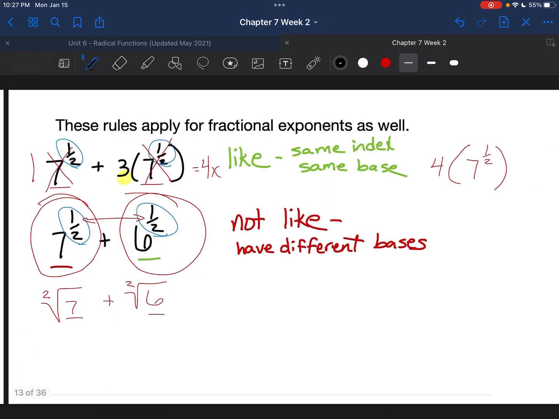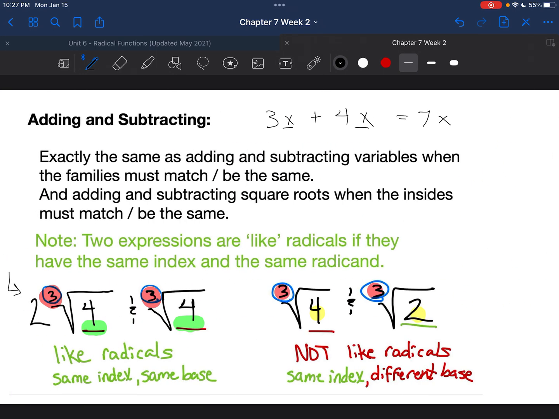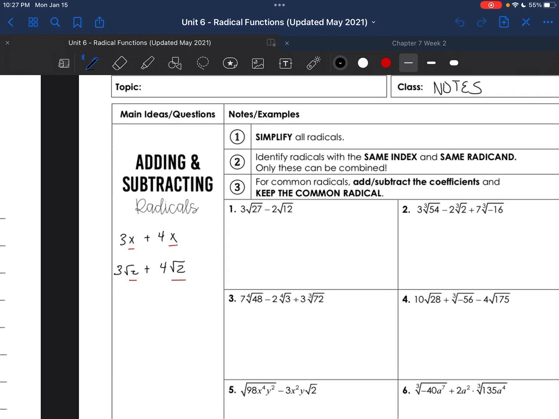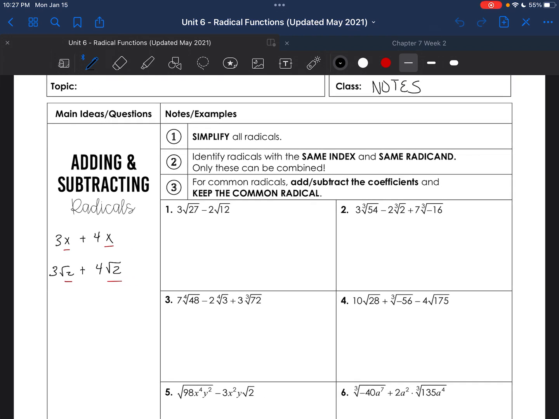Okay. So what we're going to move through this week is the first note page, 6.3 notes, where it says adding and subtracting radicals. And the important thing about adding and subtracting radicals is that just like when we had regular variables, everything has to match. So if I had 3x plus 4x, we would combine that and say that's 7x.